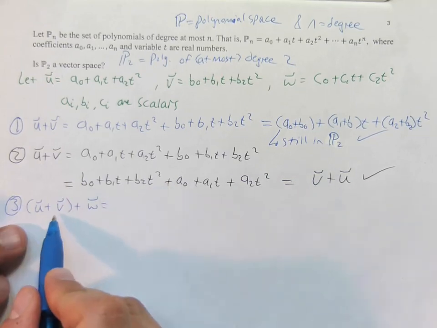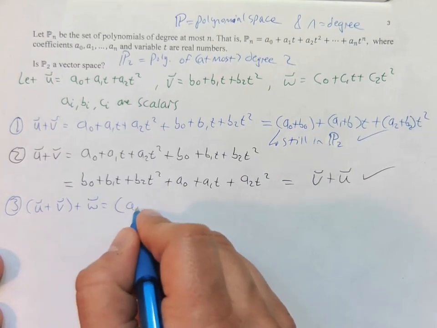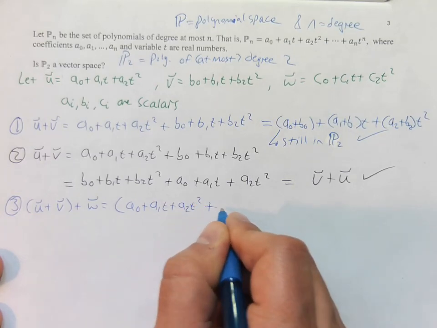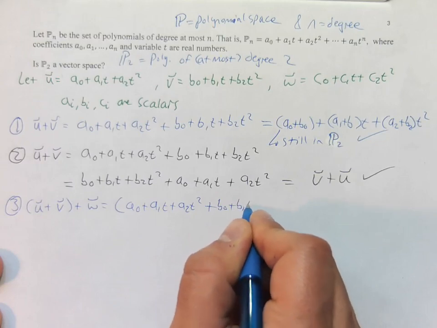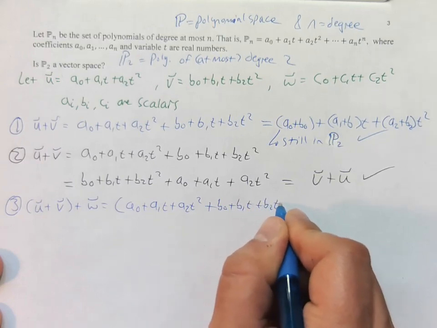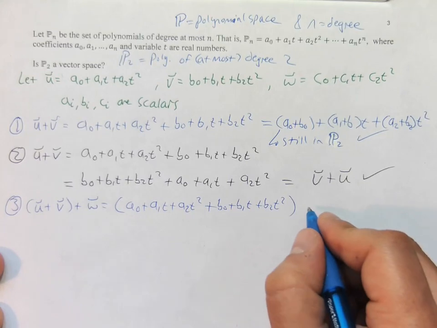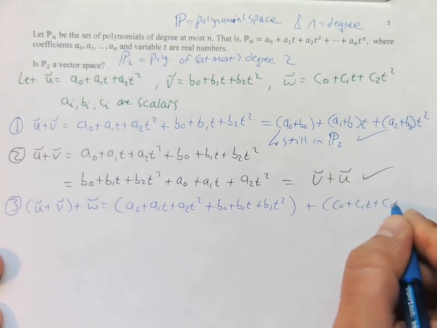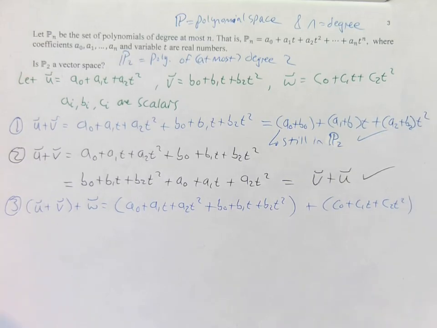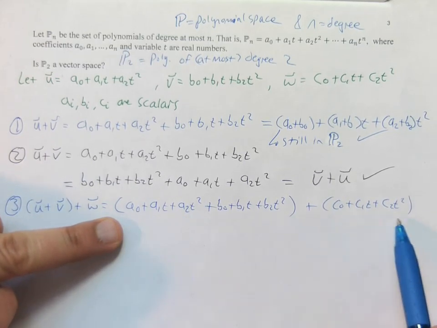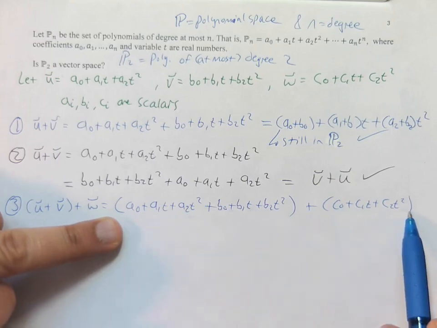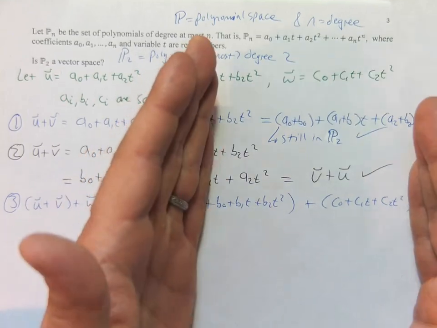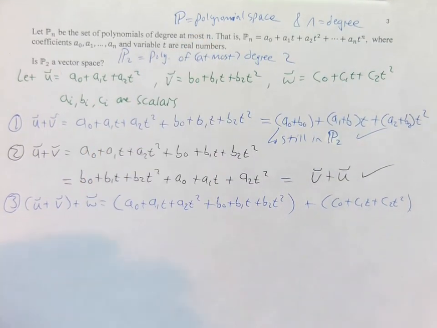So u plus v being grouped first would look like what we've written down a couple times already. There's u plus v being grouped. Then let's add w. And then, now that we have that, this is a bunch of terms just being added, we can just drop the parentheses here and then add them wherever we want to add them. So I'm going to drop all the parentheses and then group v and w together instead.